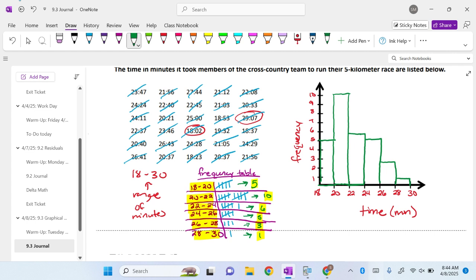So the way you read this is that this first bar shows us the number of people between 18 and 20. This next bar shows us from between 20 to 22, the number of people. The next bar shows us 22 to 24, 24 to 26, 26 to 28, and then 28 to 30.